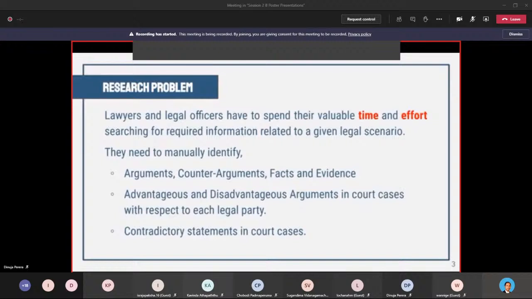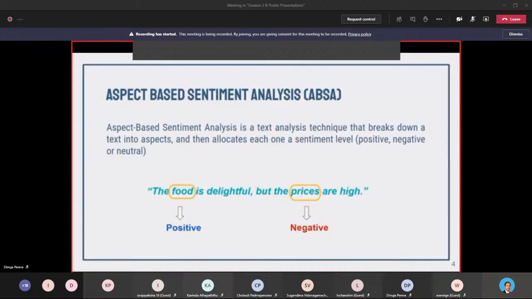Let's move on to the base concept of this research. Aspect-based sentiment analysis. It's a text analysis technique that separates text into aspects and then assigns each aspect a sentiment level like positive, negative, or neutral.